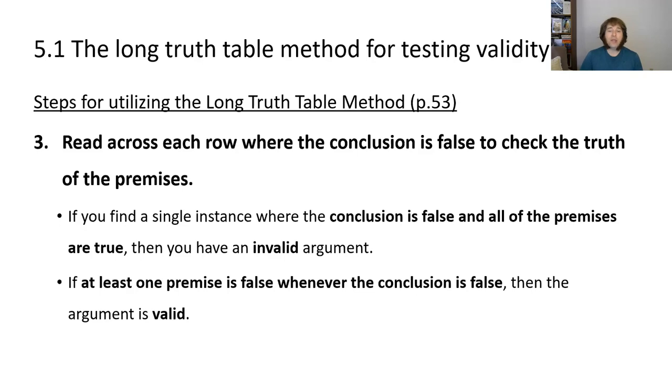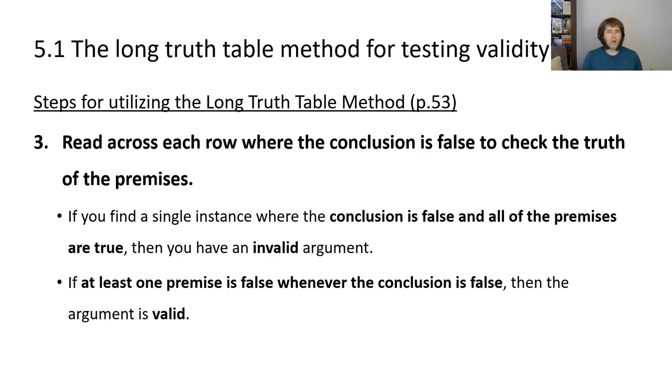Why? Well, because the truth of the premises is guaranteeing the truth of the conclusion. Anytime the conclusion is false, at least one of the premises is false. So you just never find an instance of invalidity. An instance of invalidity is just where all the premises are true and the conclusion is false. That's really what we're interested in.